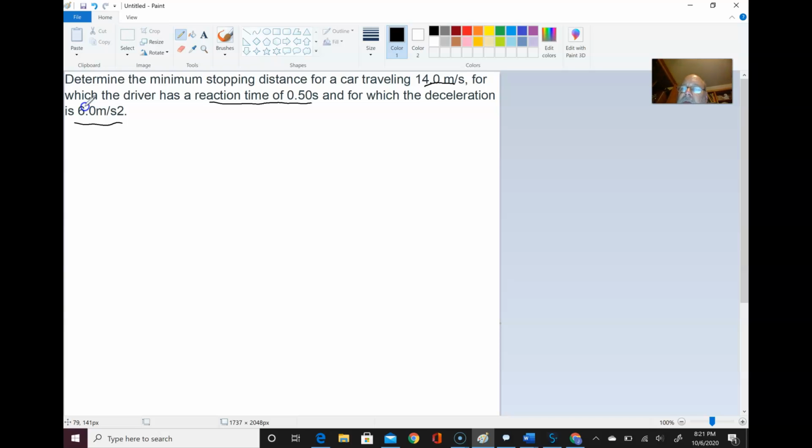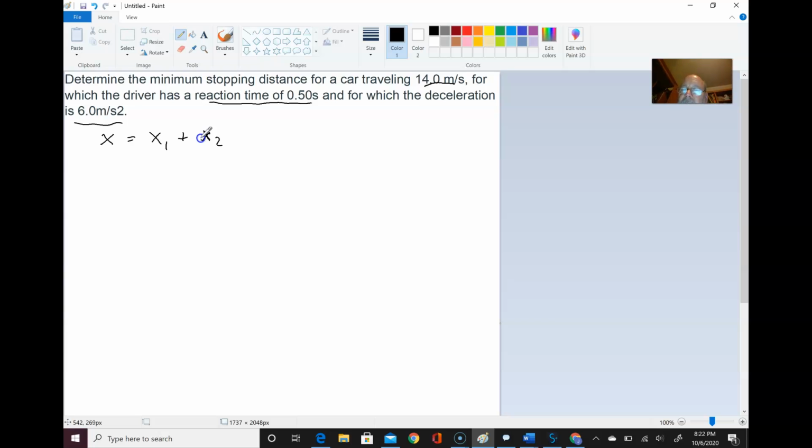And you can do this either way, but I generally like to write this out first. This is something I only do when I have a two-part problem. I say the total distance is going to be the first distance plus the second distance, and then I find out how much each distance is going to be.